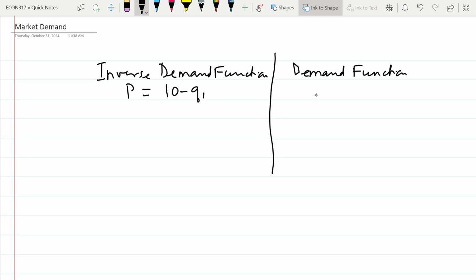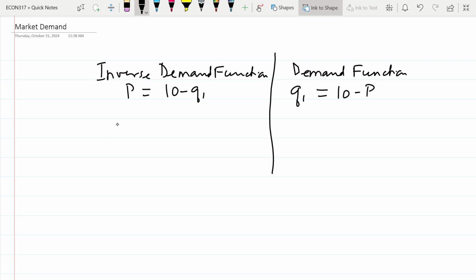It is easy to convert it into the demand function. I will move Q1 from the right to the left and price P on the left goes to the right. They change their sign. I have Q1 equal to 10 minus P as the demand function.